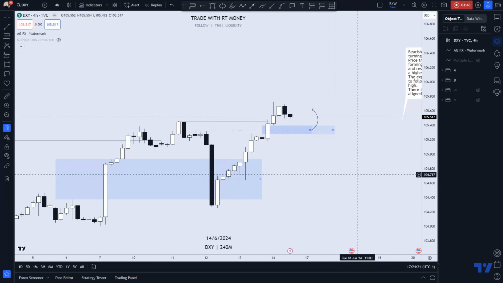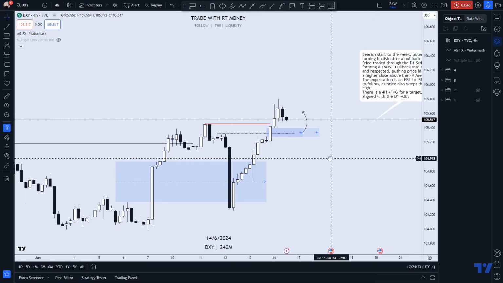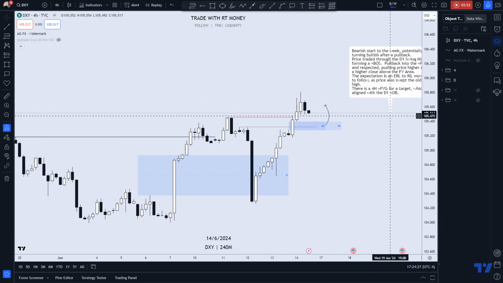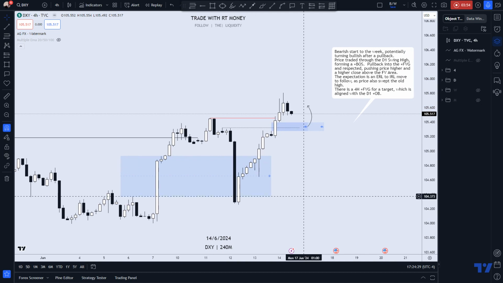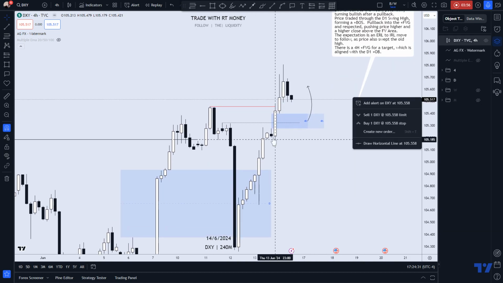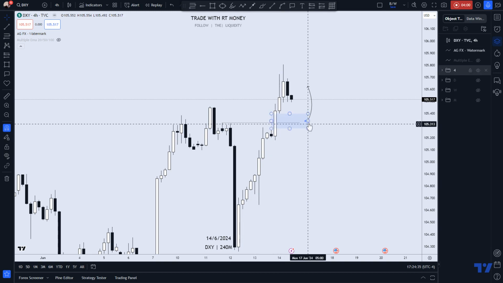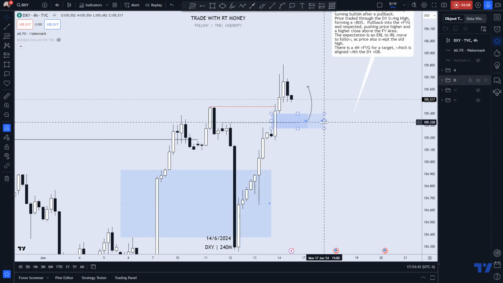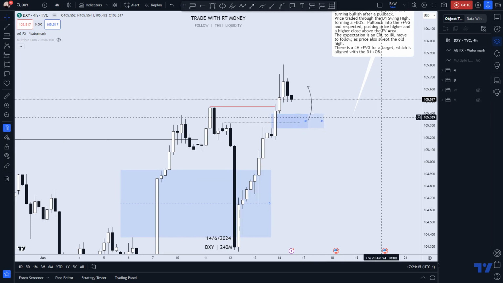First, I'm looking for these notes, that you can read on your own on a freeze frame. But what I want to show you is that there is a bullish fair value gap that is overlapped by, it says 4 hour, but it's actually a daily 4 hour fair value gap.